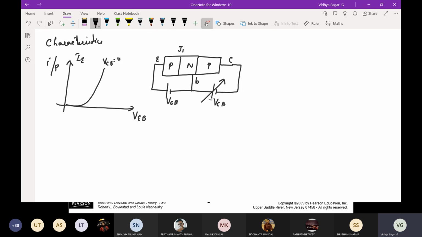Now I'm going to apply some potential. Can you tell me what happens to the characteristics? Think. Very less amount of current will flow. What happens to the characteristics?